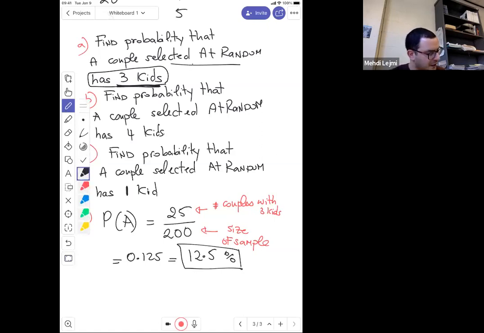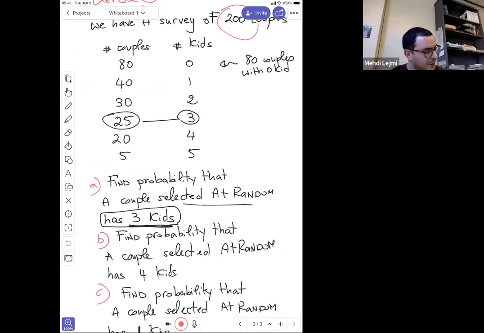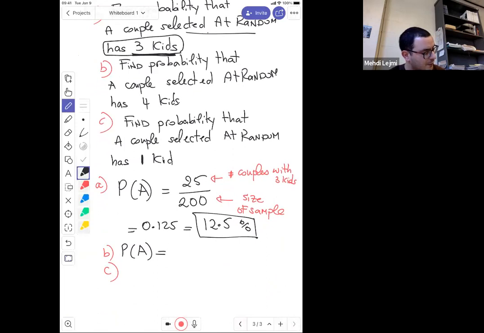In just 30 seconds, I'm going to write down the answers for B and C. The idea is the same; only the number of couples in the top is different. In B, we are talking about couples with 4 kids. We have 20 couples with 4 kids, so that's 20 in the top, and the size of the sample is again 200.